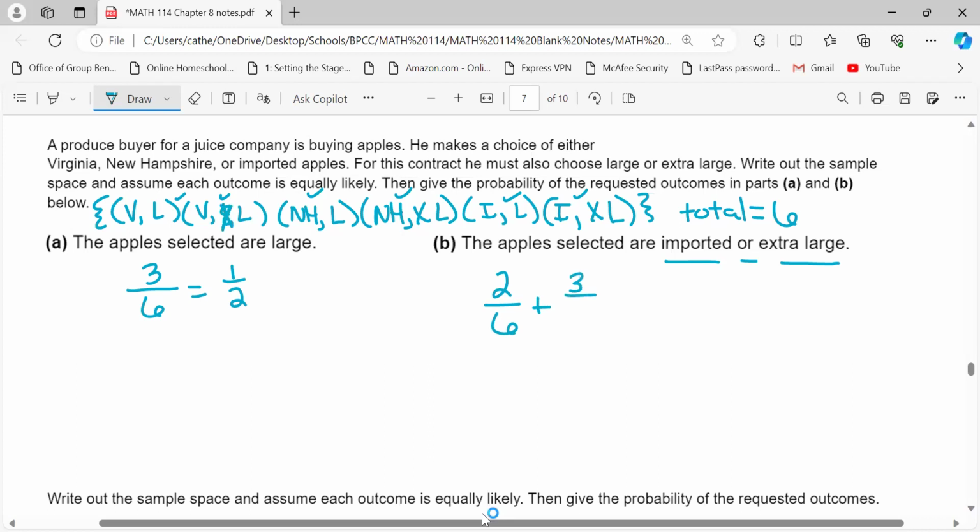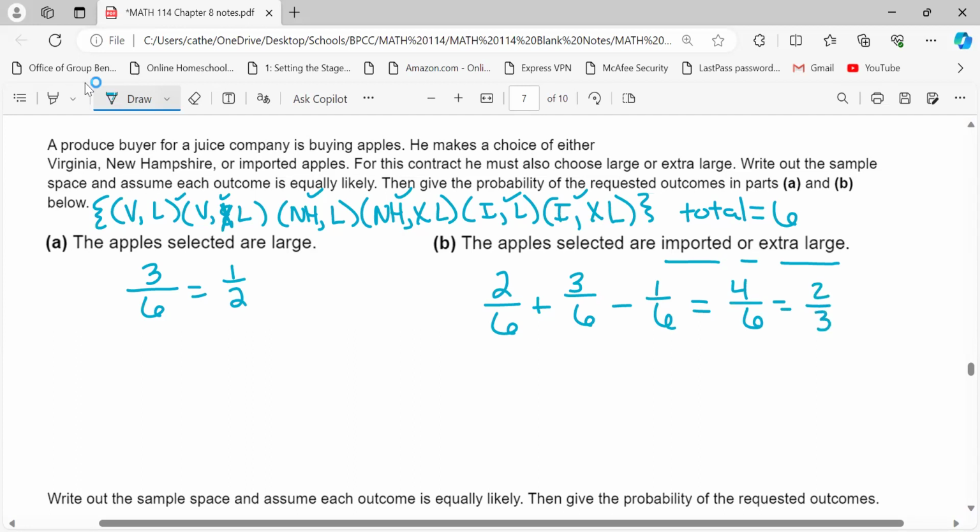There's 3 out of 6 that would be extra large, but there is an overlap. We don't want to count the ones that are imported and extra large. That's an overlap. We don't want to count that twice. So we're going to subtract out 1. So 2 plus 3 is 5. 5 minus 1 is 4. And that's going to reduce to 2/3.